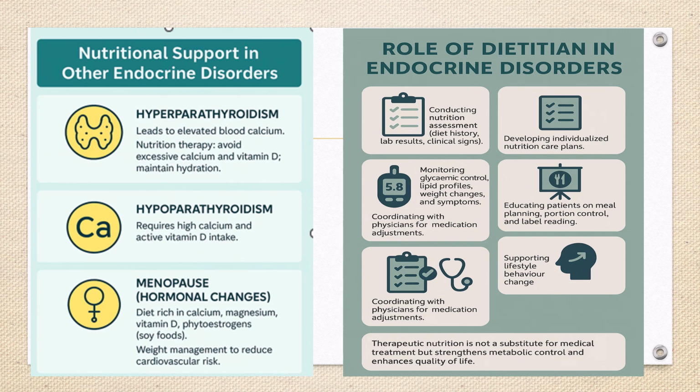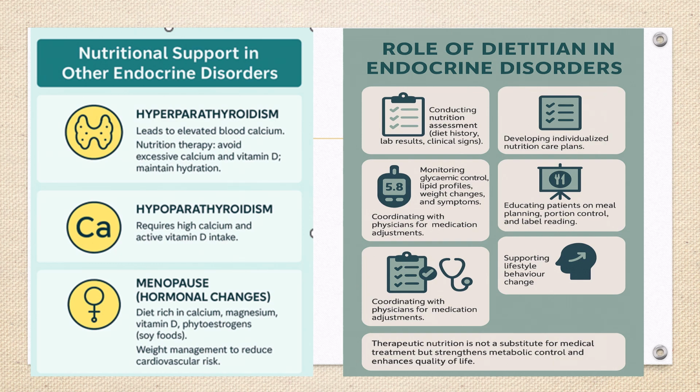It's important to also discuss nutritional support in other endocrine disorders. We have hyperparathyroidism, hypoparathyroidism, and menopause. For hyperparathyroidism, which leads to elevated blood calcium, we will need to avoid excessive calcium and vitamin D, and also ensure that we maintain hydration. And for hypoparathyroidism, this will require high calcium and active vitamin D intake.